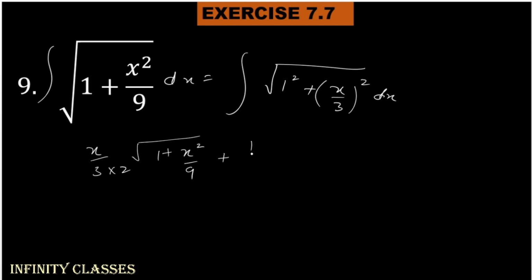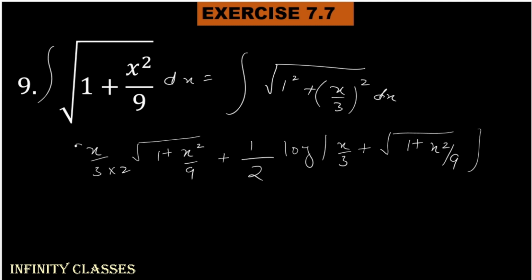What is a square? 1. a square upon 2 log x plus same result. But in this case, we have to divide by the coefficient of x, which is 1 upon 3, so it becomes 3.